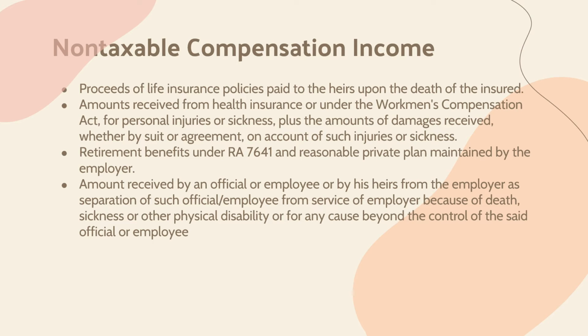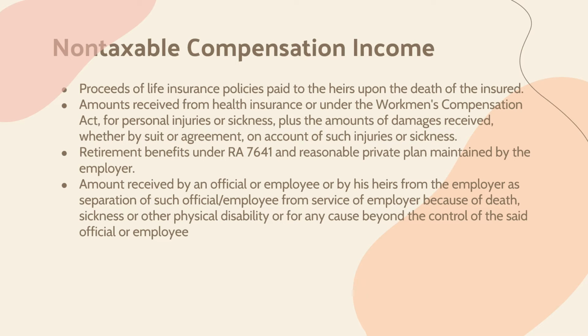Number 8, amount received by an official or employee or by his heirs from the employer as a consequence of separation of such official or employee from the service of the employer because of death, sickness, or other physical disability or for any cause beyond the control of the said official or employee.